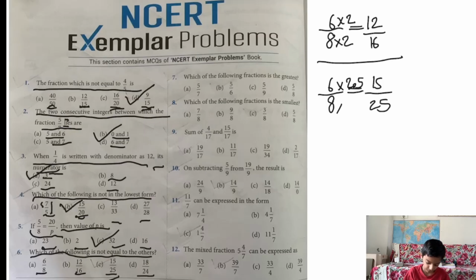Let's see what the result will be. When we multiply 8 by 2.5, it comes to 20, not 25. So 15 by 25 is not an equivalent fraction compared to the others. So the correct answer of question 6 is option C, which is 15 by 25.